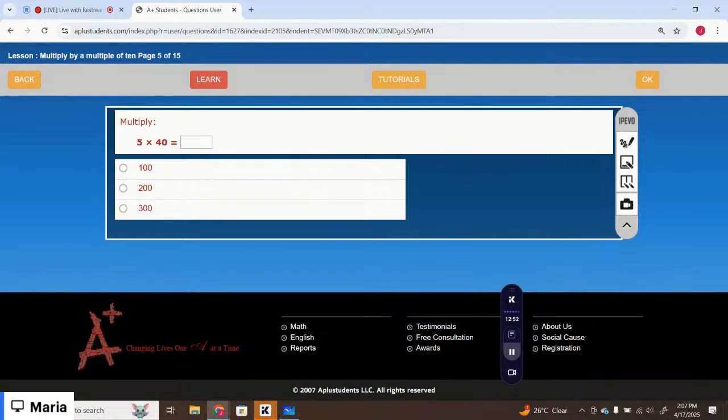Very good. 200, it is option number 3 is the correct option. 5 times 4 is 20. That is 200. Option 2 is the correct option.